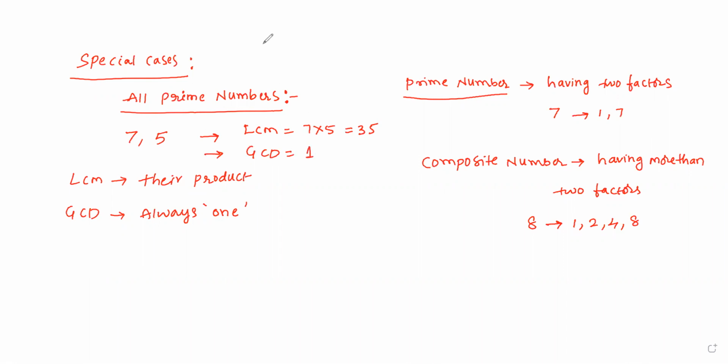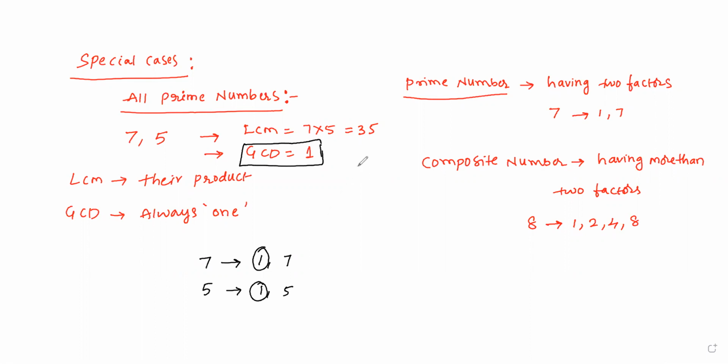Why is GCD always 1? Prime numbers have only 2 factors: one is 1, another is the number itself. So the common number is 1 only. That is the reason GCD appears as 1. If you write the 7 table, and 5 goes in the 1 and 5 table, only the common 1 appears. So GCD will always be 1 when all numbers are prime numbers.